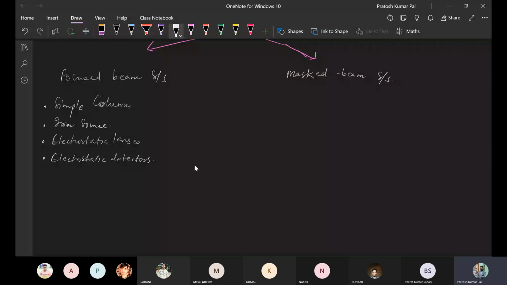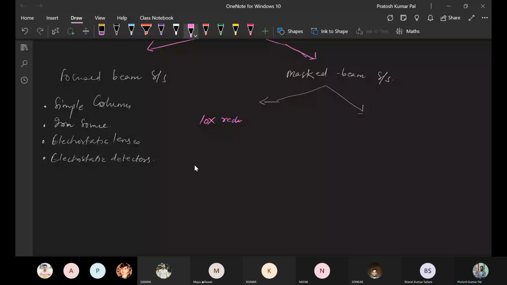One is the 10x reduction step repeat system, and the other is step repeat proximity printing.